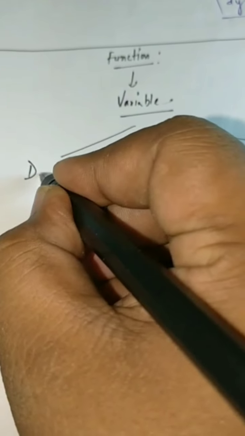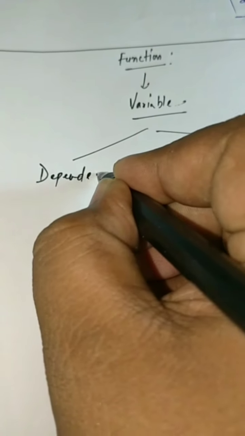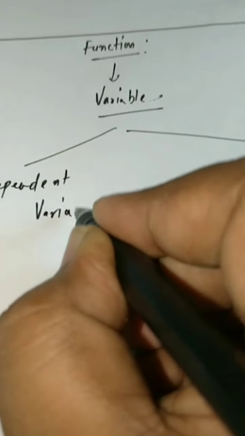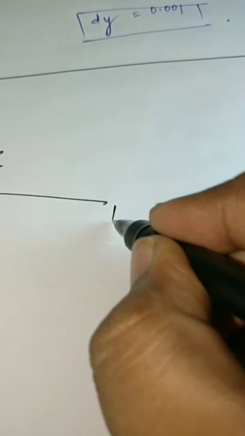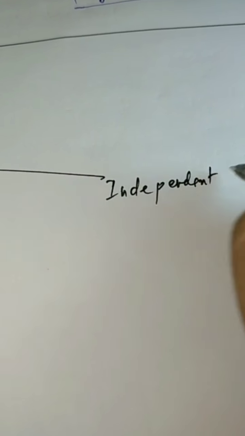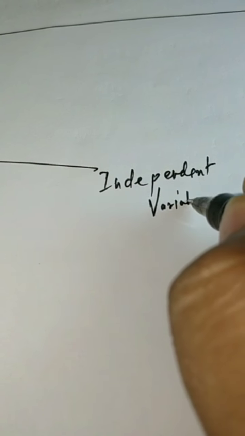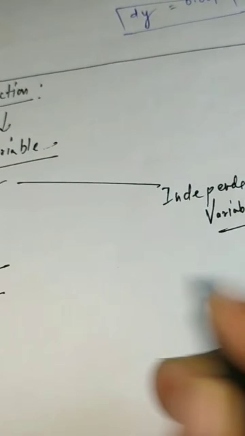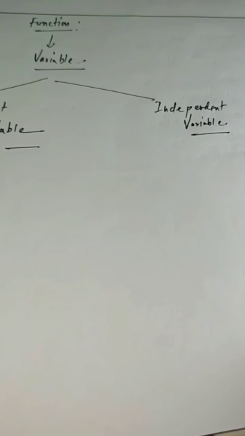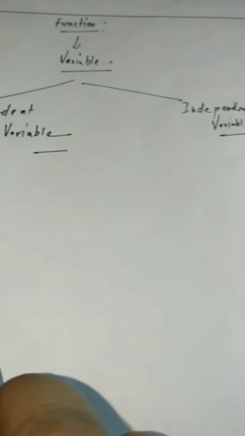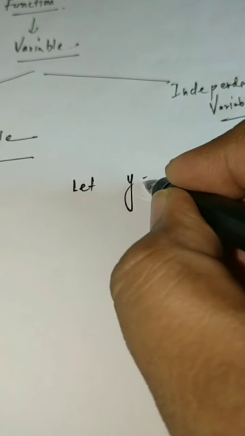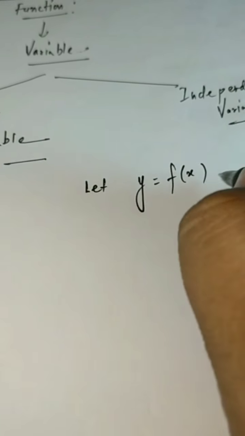One is the dependent variable, and the next is the independent variable. What is the meaning of these two, and how do they help us in selecting a particular parameter in differentiation? That we will understand now.